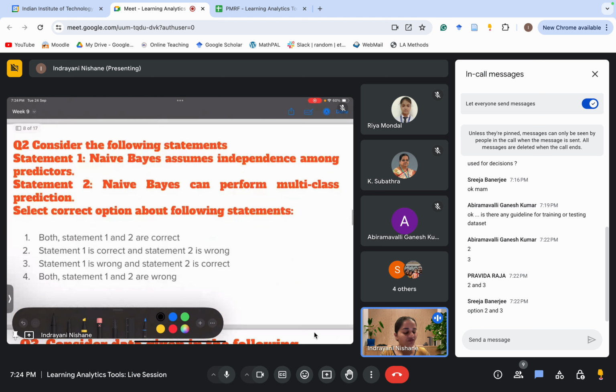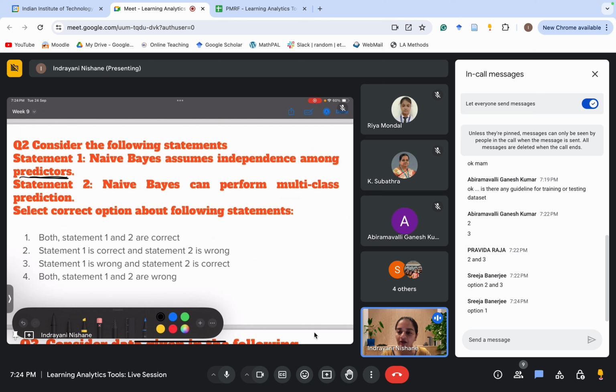Now for naive Bayes, these are the statements given to you, and you have to select the correct option about statement 1 and statement 2. Statement 1 says naive Bayes assumes independence among predictors. What is a predictor? Predictors are the independent variables, the independent features which are an important part of our models.